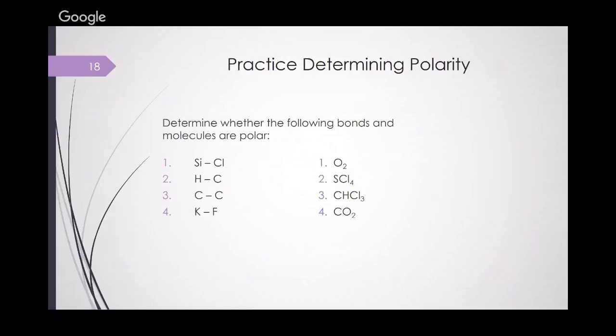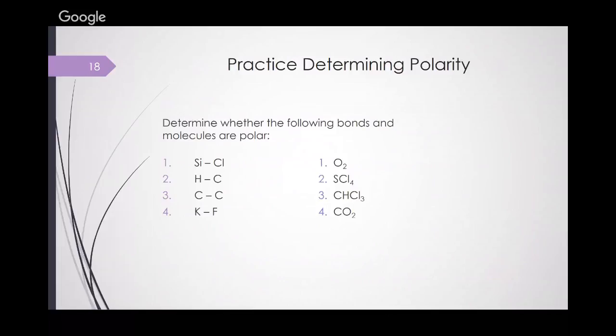Now, for our molecules that are listed to the side, I encourage you to draw the Lewis structures and use the rules that say, does my central atom have lone pairs, but all the atoms around it are the same? These are the questions that you're asking yourself. Sometimes, like in O2, there is no central atom, but it's only oxygen bonded to oxygen, so therefore it's going to be nonpolar.